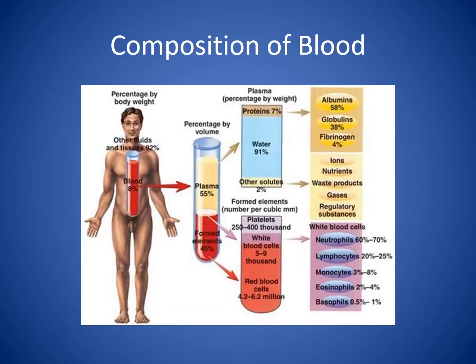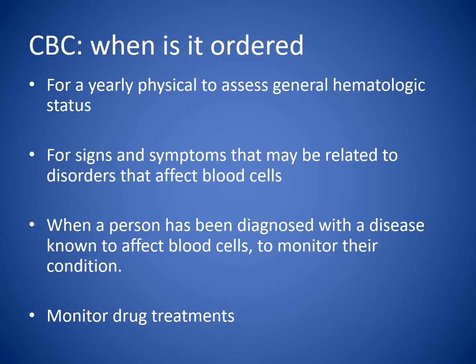Just a brief reminder of your components of your blood and how much is in each section, in case you forgot from your patho class. What's behind that? Well, we could order a CBC because I want to make sure that nobody has developed something new when they come for their yearly physical.